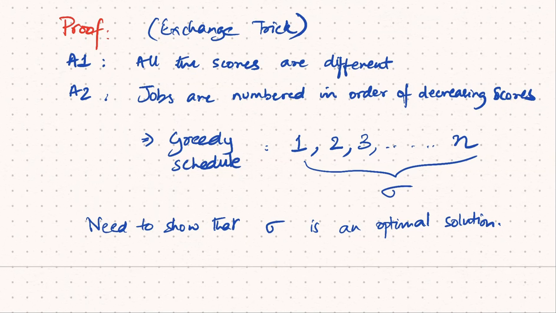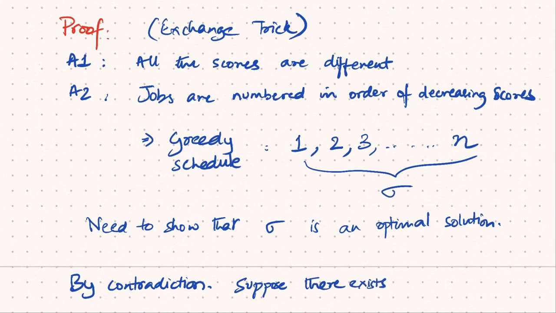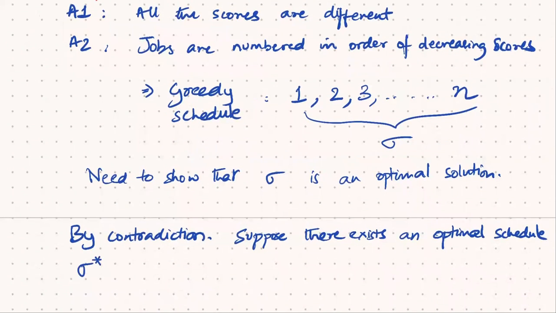Suppose there exists some other optimal schedule, sigma star, such that the cost of sigma star is less than the cost of sigma.